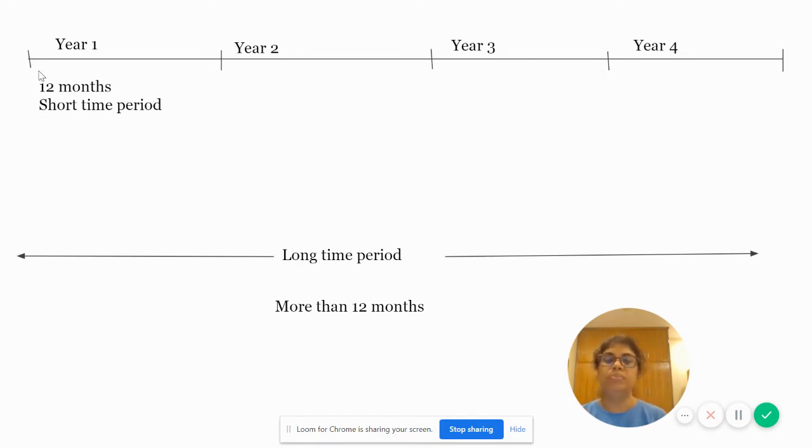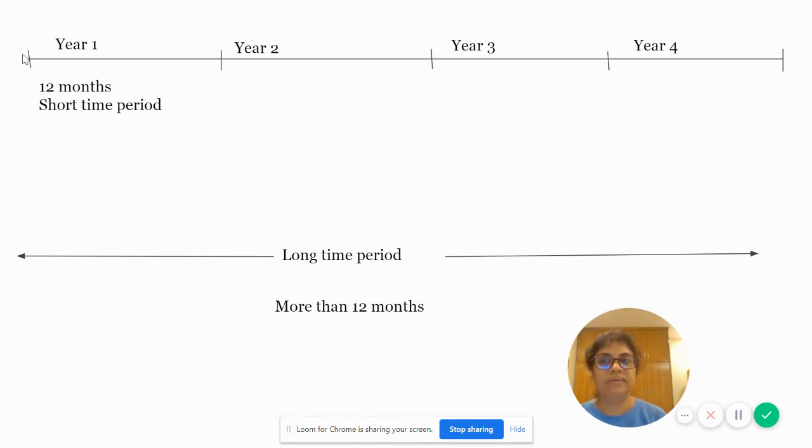Almost all businesses start their business activities hoping to continue them for a long period of time. Their intention is to exist for more than one accounting period. This same accounting period, which we have learned as 12 months, is also known as the short time period.